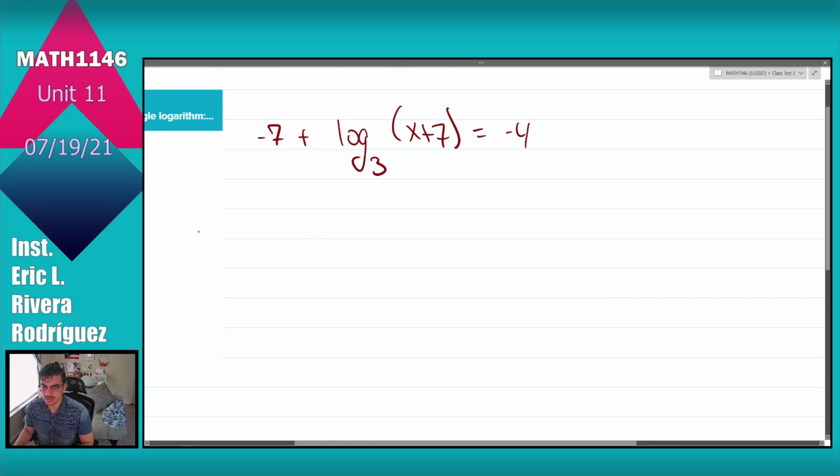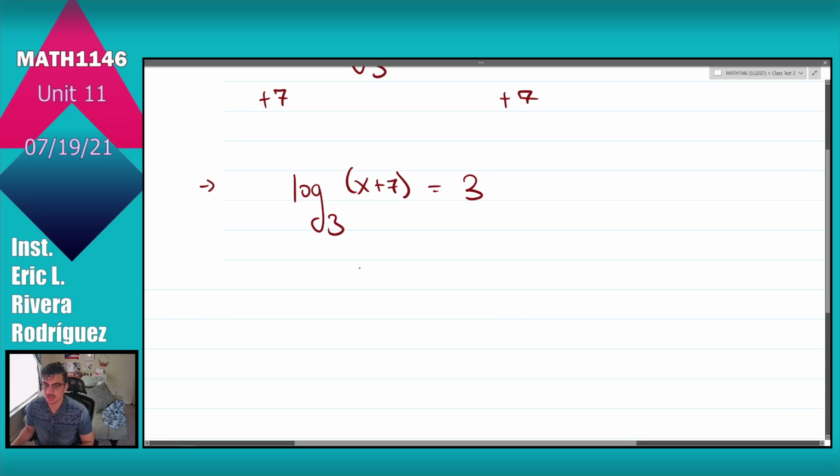I need to isolate the logarithmic function first, so I want to have one logarithmic function on the left side of this equation. To do that, I will add 7 to both sides, and then I have log base 3 of x plus 7 equals 3, right?